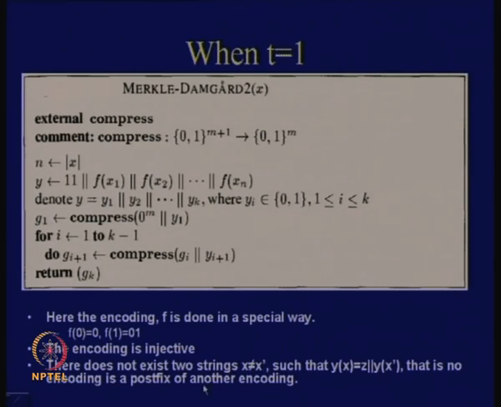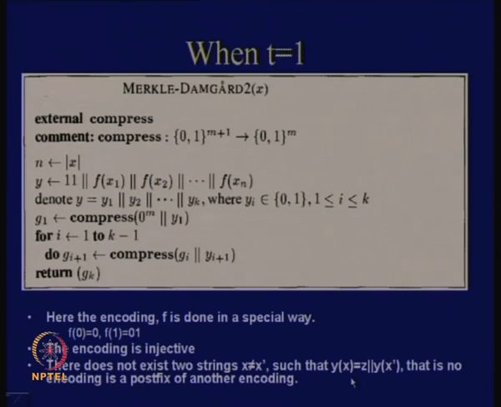That is, no encoding is a postfix of another encoding. Why? Because y(x) will obviously start with 2 ones, and y(x') will also start with 2 ones, but in y(x) 2 successive ones can never occur in between. So this relation will never be satisfied.